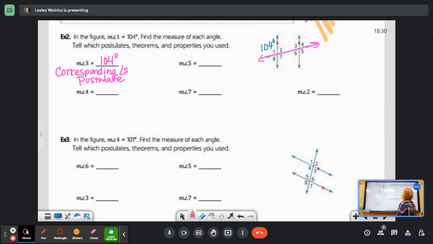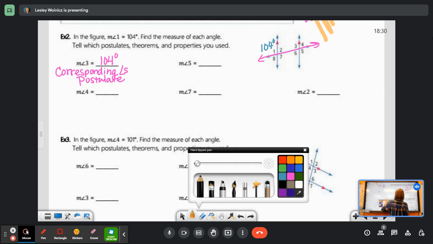Okay, for angle 5, compare that to angle 1. They're on alternate sides of the hot pink transversal, and they're both in the exterior. See? Exterior, exterior. So they are alternate exterior angles, so they are congruent.